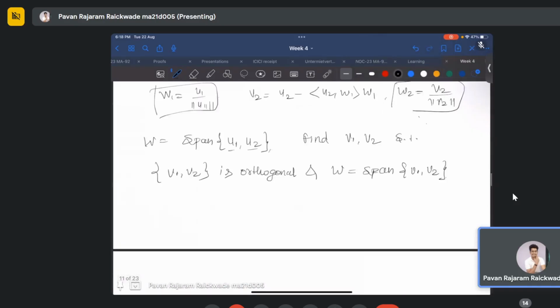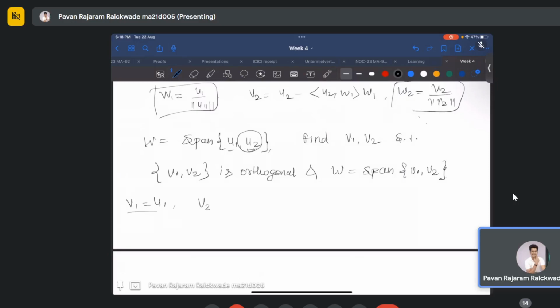The natural way is to fix V1 as your first vector, U1. I don't care about orthonormality right now, because for that you just have to divide by the norm. I want to find something in place of U2, a new vector V2, such that the inner product of V2 with V1 is 0.